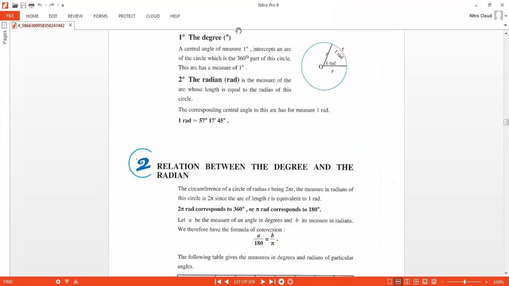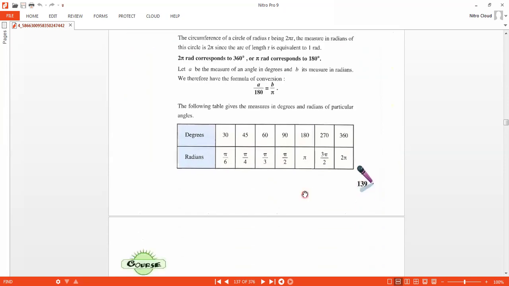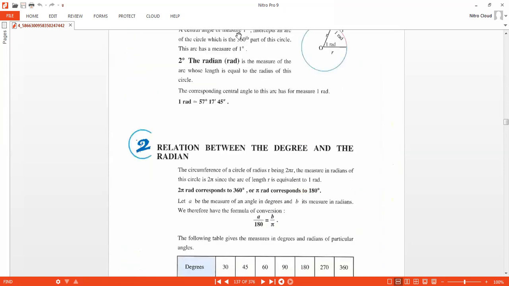Of course, you will not be able to understand what I'm saying unless we start measuring. Suppose I gave you that we have 30 degrees and I need it in radians. We put 30 instead of A, so 30 over 180 equals B over pi, okay?